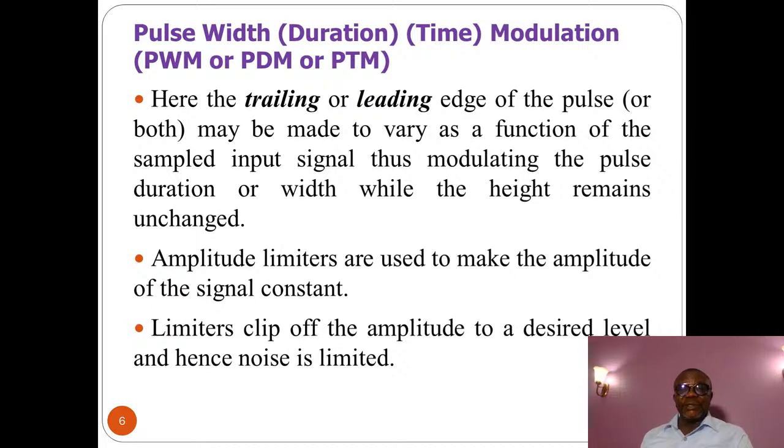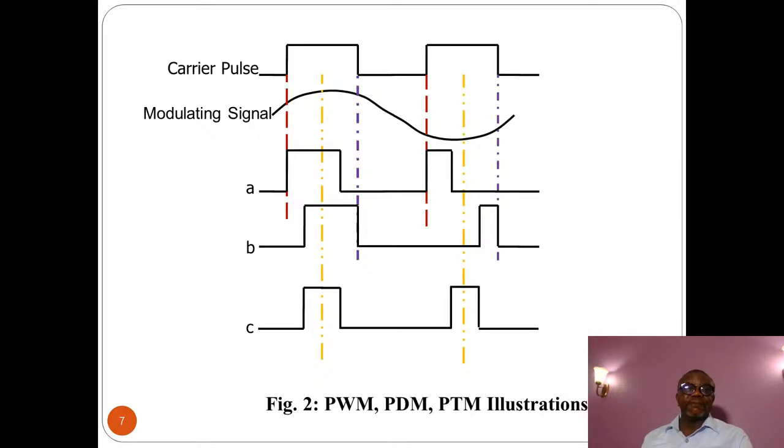Amplitude limiters are used to make the amplitude of this signal constant. Limiters clip off the amplitude to a desired level, and hence noise is limited.